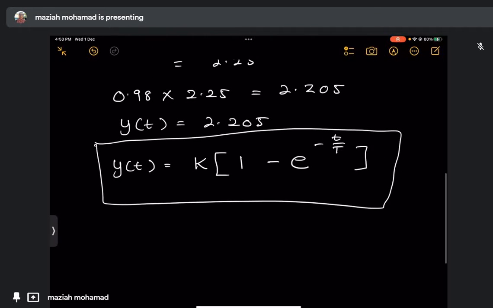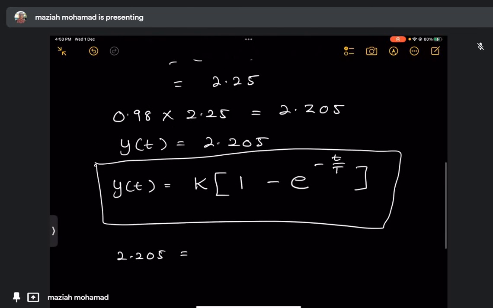We know all the values: y(t) is 2.205 equal to 0.75 from before, times 1 minus exponent negative t over 1.25, where the time constant is 1.25.